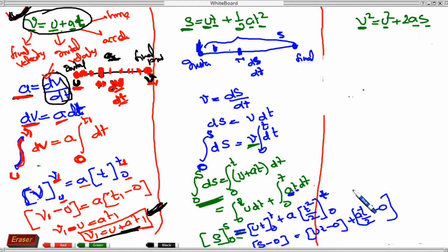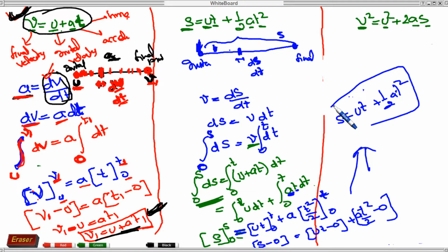So what will this equation become? This will become s is equal to ut plus half at square. So you can see this is how this equation comes out.